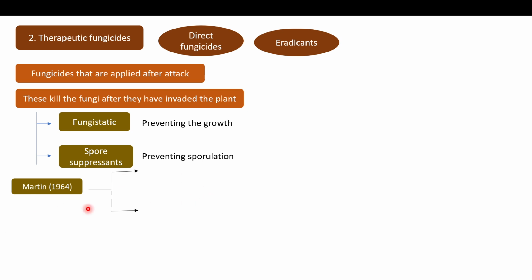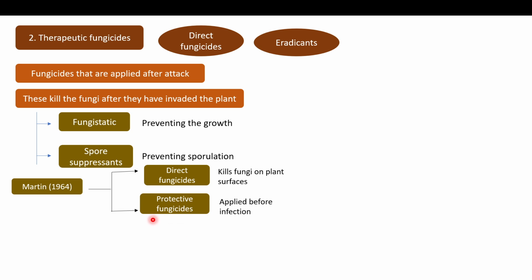Now there were two scientists who again bifurcated these therapeutic fungicides by different types. So we'll just look into it briefly. Martin in 1964 bifurcated therapeutic fungicides into direct fungicides and protective fungicides, right?